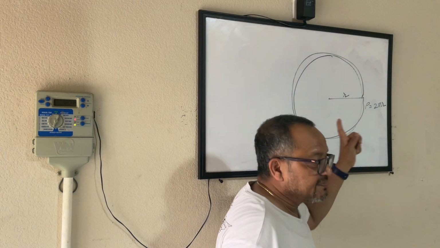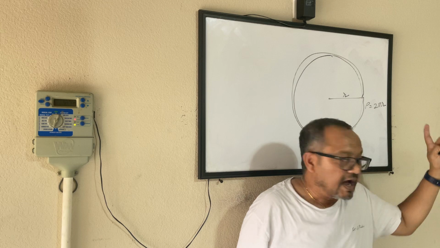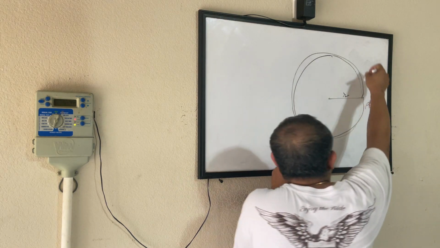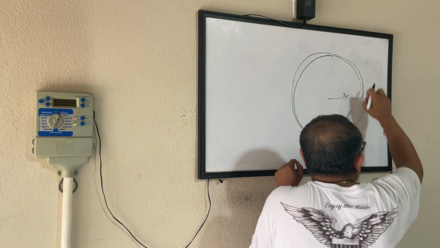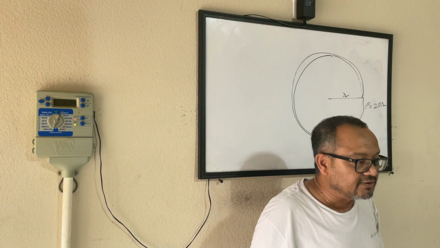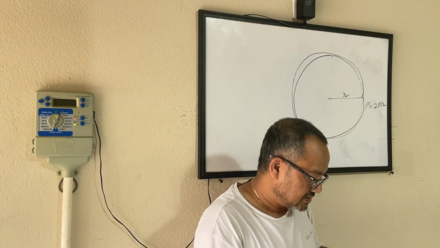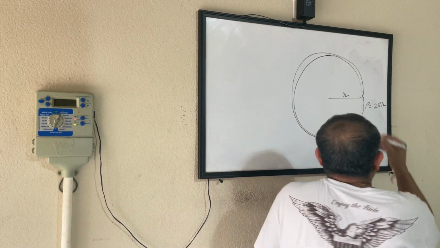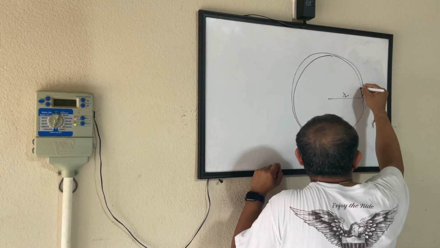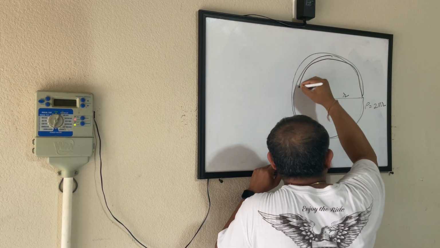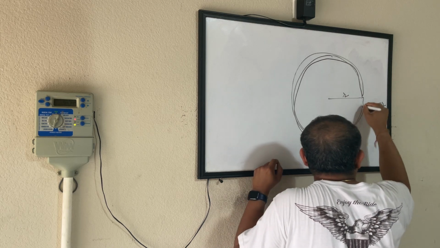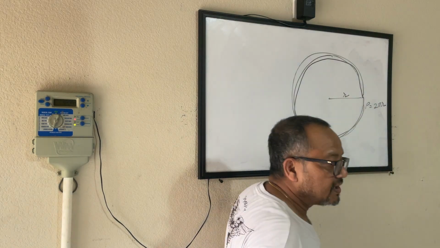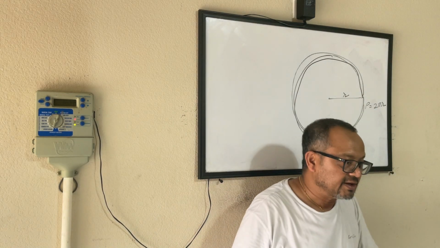So imagine this being my farming land. I'm talking about the length of the wire that I would need for barricading my land. Thankfully, I don't have a circular land, but if I had a circular land, the perimeter means the quantity of wire I would need for barricading my entire land. That's perimeter. Everybody with me?